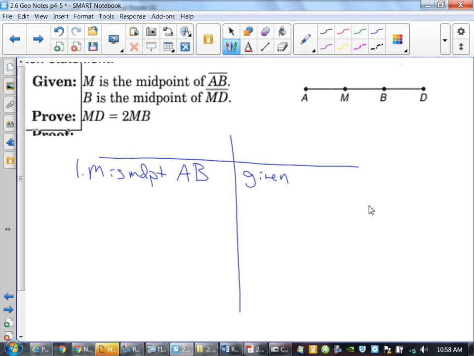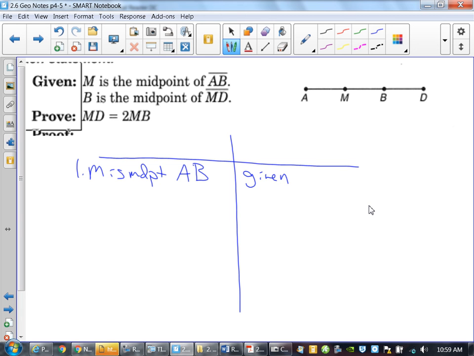What does it tell you you are supposed to do? On the progression sheet, the first one we ever wrote out was about midpoint. It told you to do what? Segment equal segment. So knowing that M is the midpoint of AB, that tells me I have to now write down what segment equals what other segment.